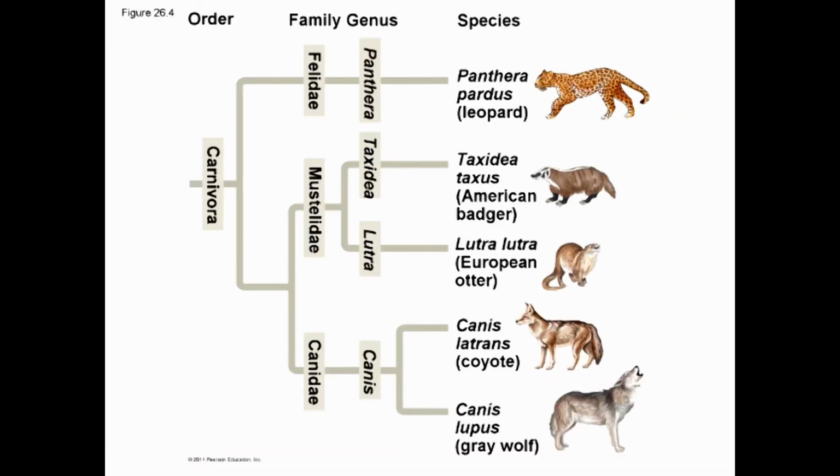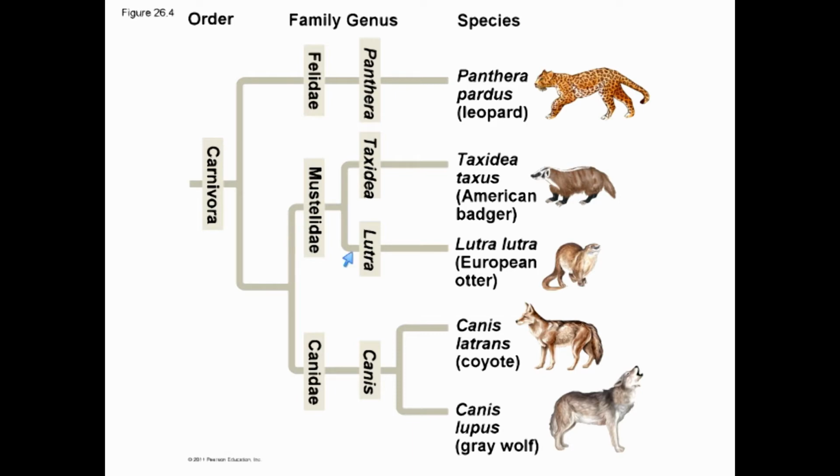Here's an example of a phylogenetic tree, using the same example that we used with the panther. We're starting with the order Carnivora and branching out from there. We've got a branch going to Panthera pardus, or the leopard. Here we go to the family Felidae, to the genus Panthera. Our other branch is going to branch yet again into the families Canidae and Mustelidae.